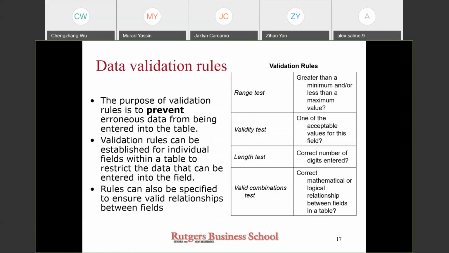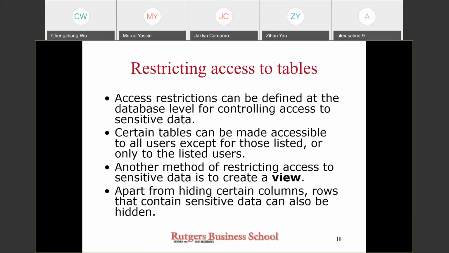Okay, lastly, we talked about validation rules. Validation rules are used to prevent erroneous input into the database system. Restricting access. Here you only need to know what a view is.